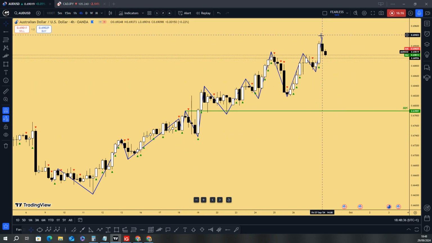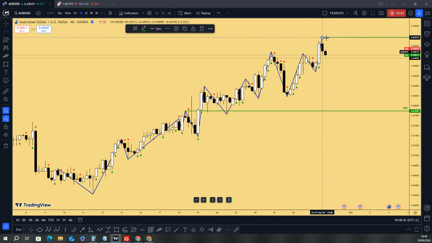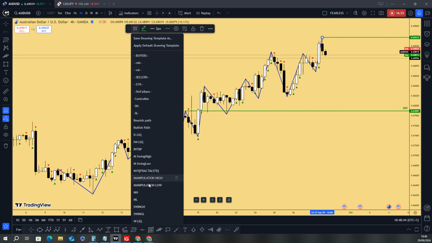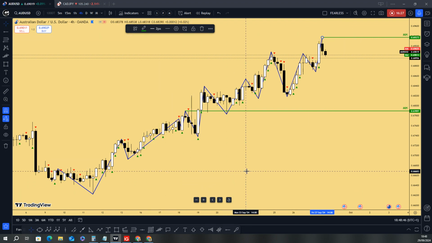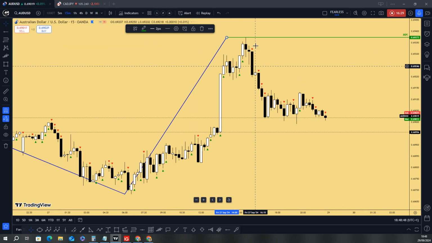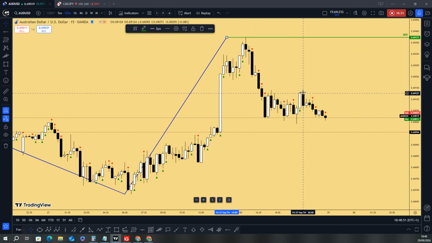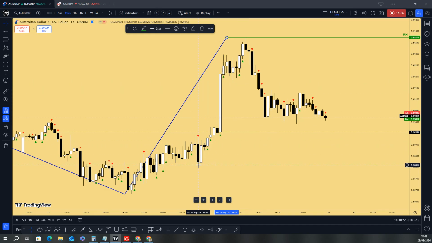We don't want to be buying the high because we have another momentum high. This is another momentum high. Once we see a red dot candle, we know this is confirmed as a momentum high. Okay, and let's go to the 15-minute chart to see if we have a better picture. So this is the 15-minute chart. Structure is here.